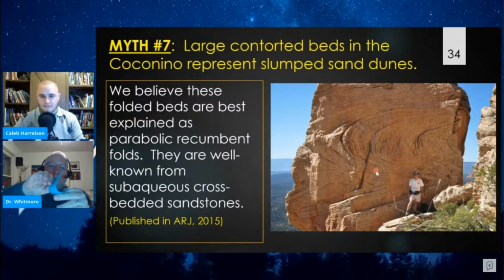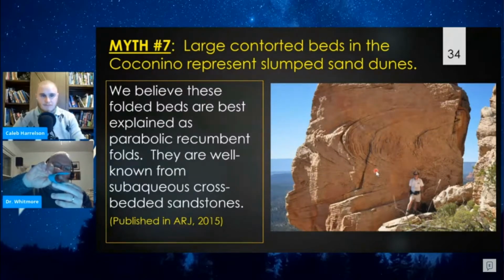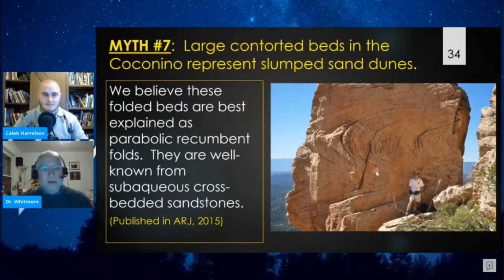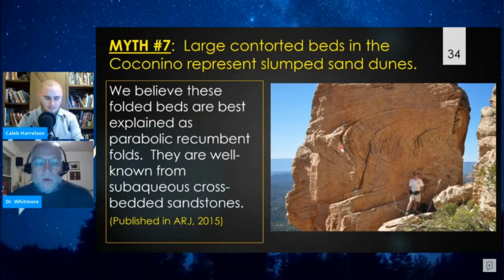And so when a geologist sees a fold on its side like this, we call it a recumbent fold. And so these are parabolic folds because they're shaped like a parabola, and they're recumbent because they're laying on their sides.